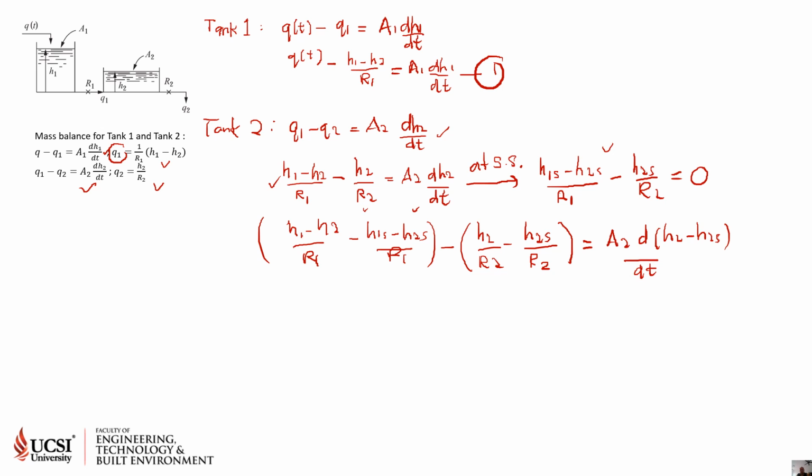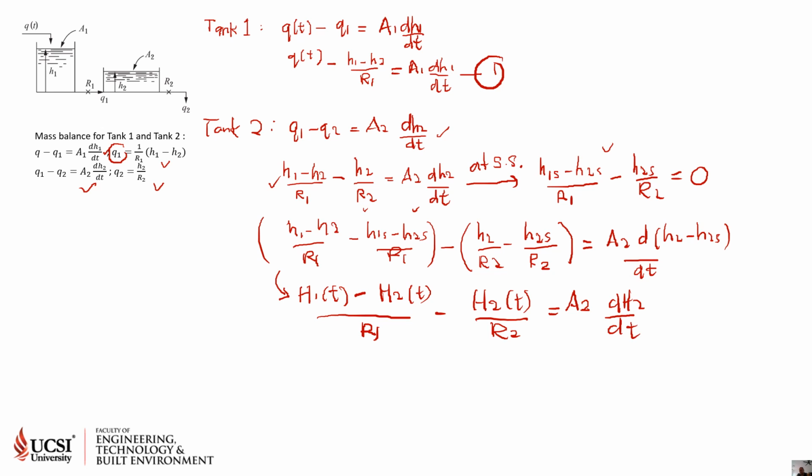When I have introduced the deviation variables, I can write this in capital letters: H1(t) minus H2(t) over R1 minus H2(t) over R2 equals A2 dH2(t) over dt.